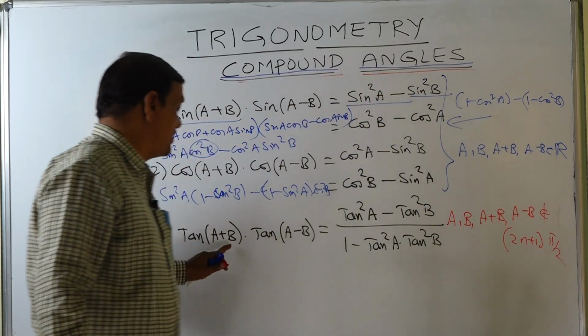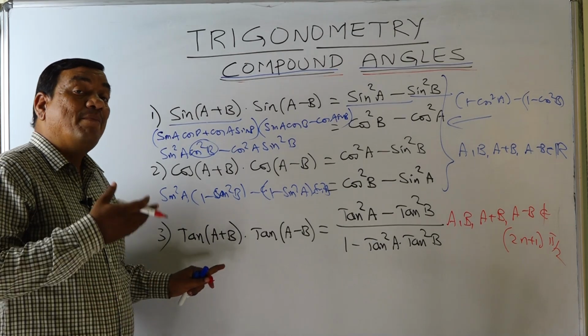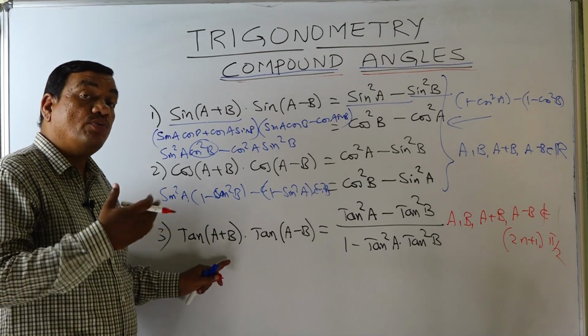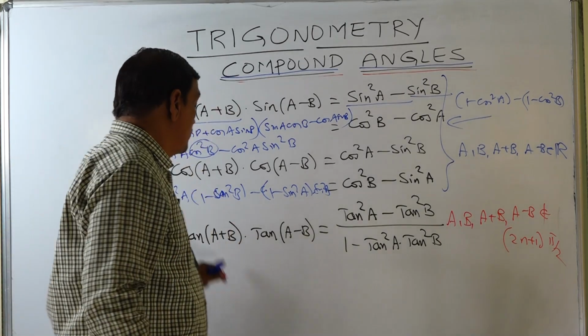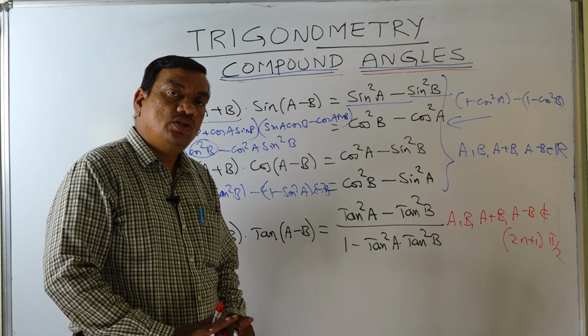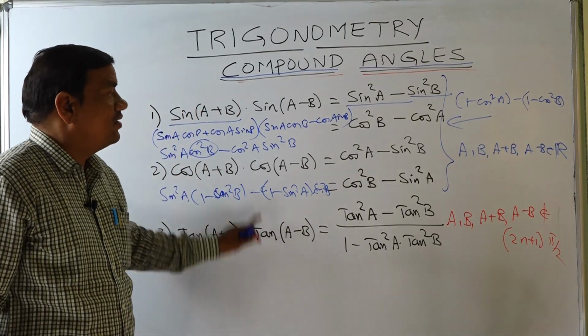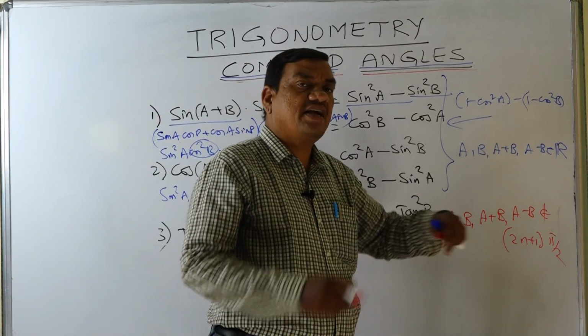That means you should not take A plus B as pi by 2, 3 pi by 2, 5 pi by 2, minus pi by 2, minus 3 pi by 2. Those pi by 2 values are not allowed for tan. For sin and cos, the domain is the set of real numbers. You can take any value.